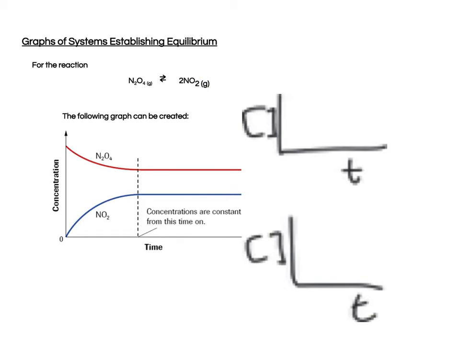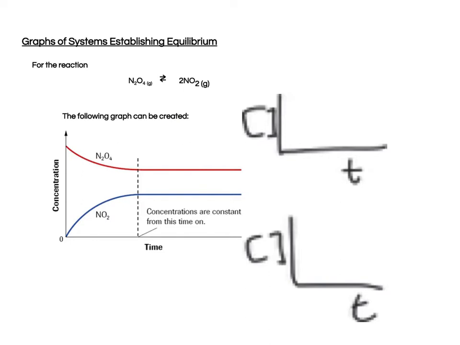Now let's talk about what the graph would look like if the reaction instead favored our products. So I want you to visualize for a minute, maybe try this on your own and see what you would expect of this graph. All right, so let's go through it. I'm going to use the same color code as in my original graph here.